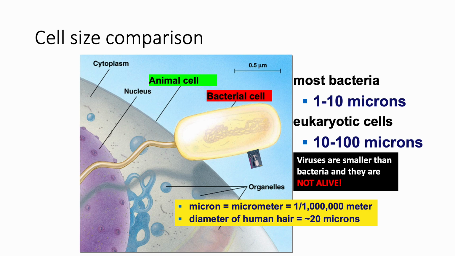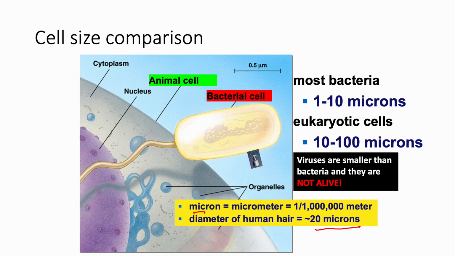Taking a look at the size comparison, we're looking at the sizes in microns. And to give you an idea how small a micron is, it's a millionth of a meter. Basically, a human hair is about 20 microns in diameter. So we're talking about something that's only 1 micron, and your human hair is 20 of those.